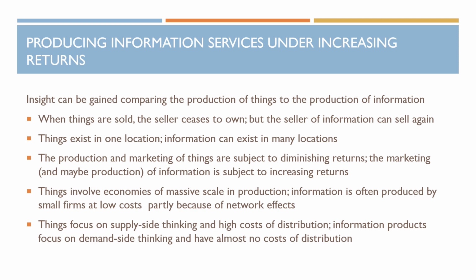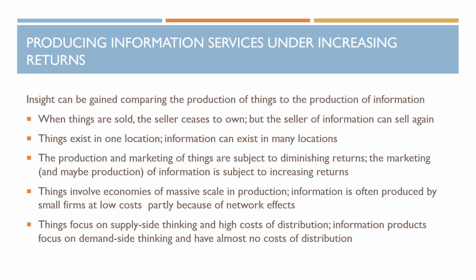Things involve economies of massive scale in production, while information is often produced by small firms at low costs, partly because of the network effect. Again, we come back to the case where network effects help the smaller firm take advantage of economies of scale in producing information in the market for value.